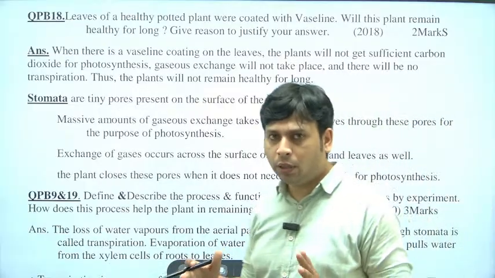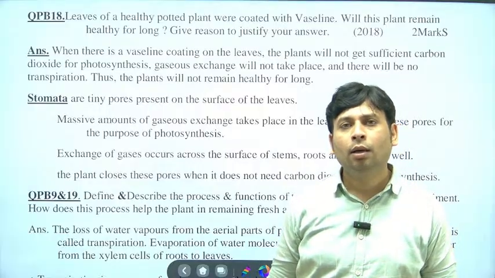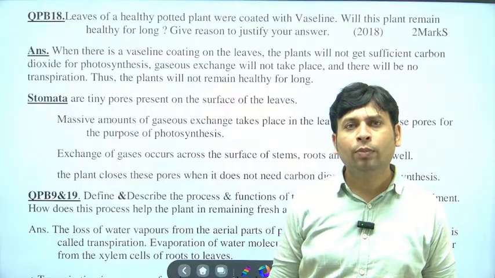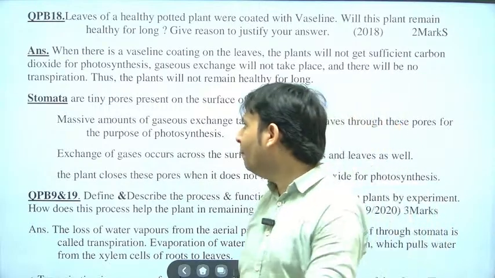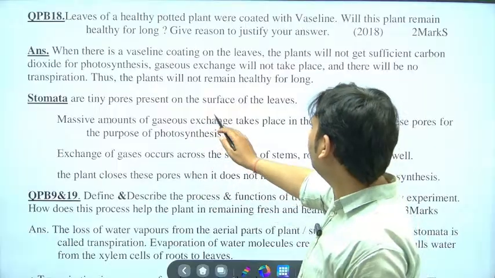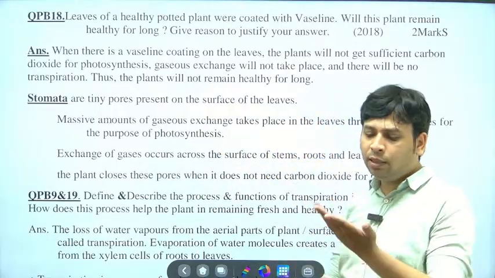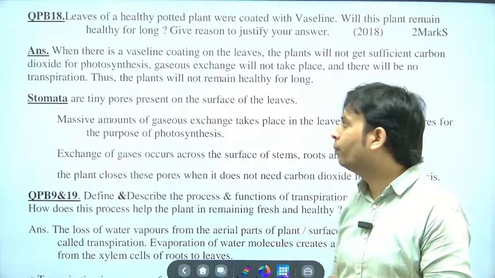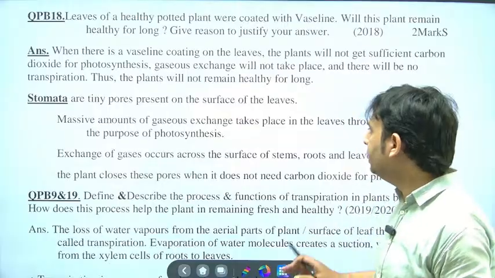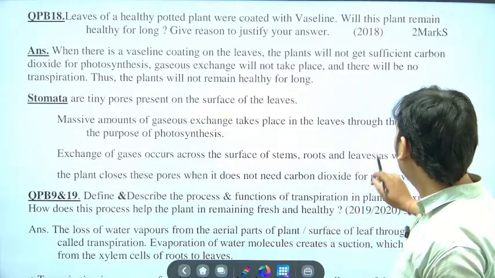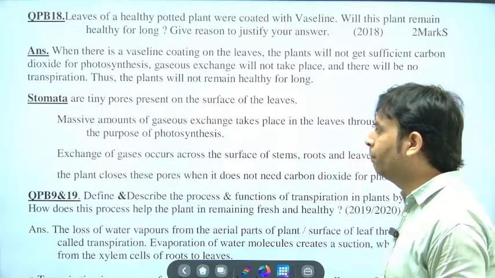I told you that I would tell you about stomata later in this video, so this is the time to introduce stomata. Stomata are tiny pores present on the surface of the leaves, especially on the lower surface of the leaf, and a massive amount of gas exchange takes place in the leaves through these pores for photosynthesis.